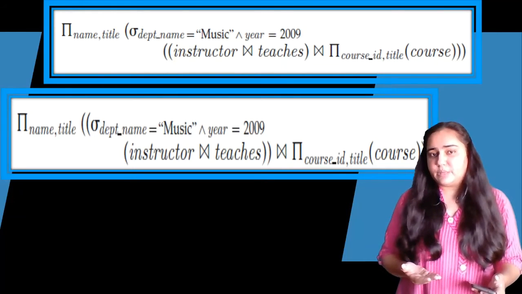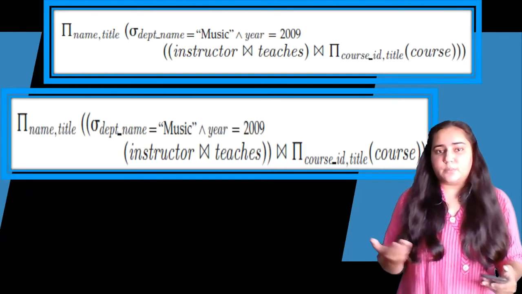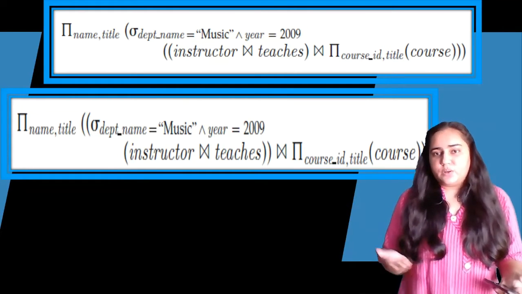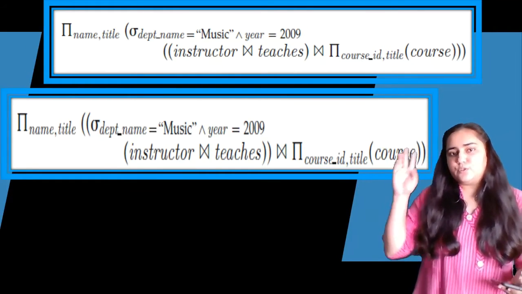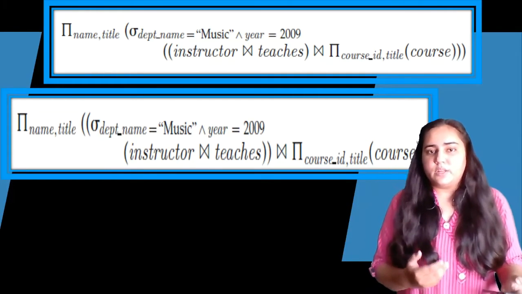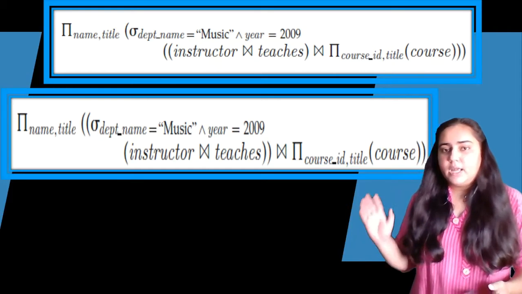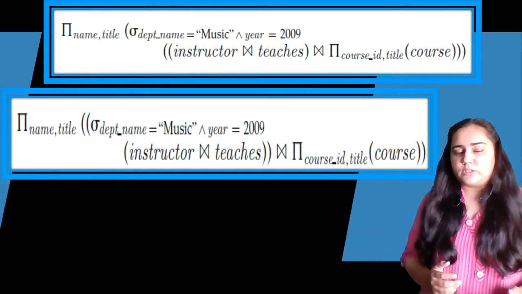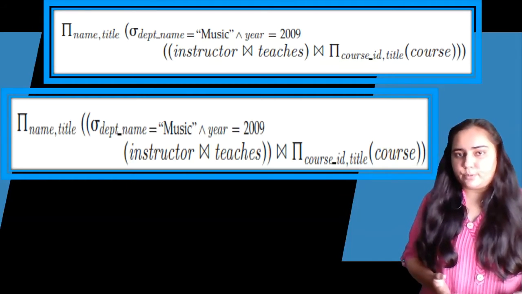The reason is that instructor contains the department name column and teachers contains the year column, so I do not need the course table in order to perform the sigma. So first I'm applying sigma on instructor natural join teachers and pi on course, and then taking a natural join. So it's just a different order of operations.